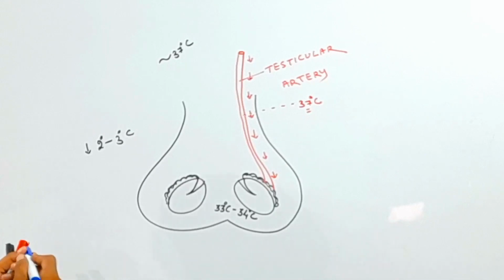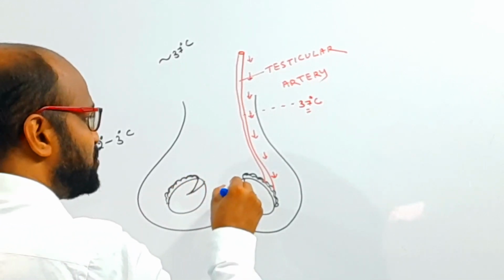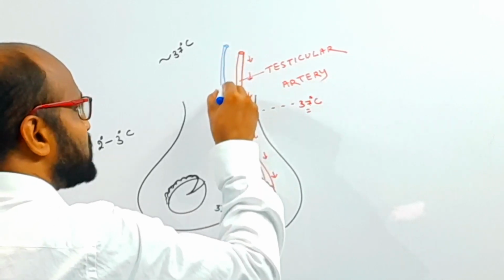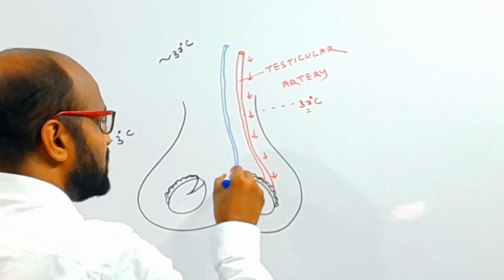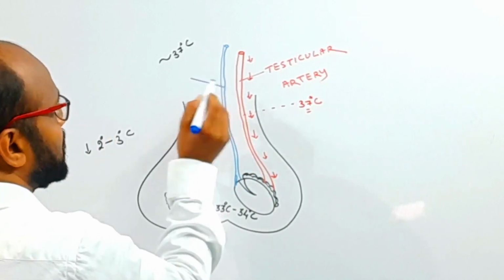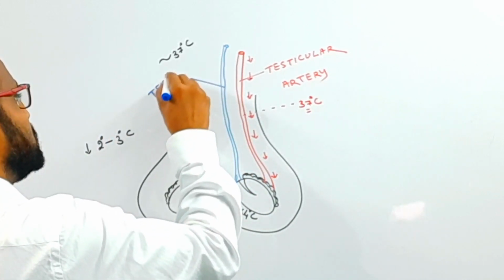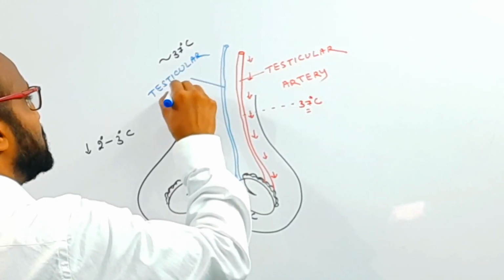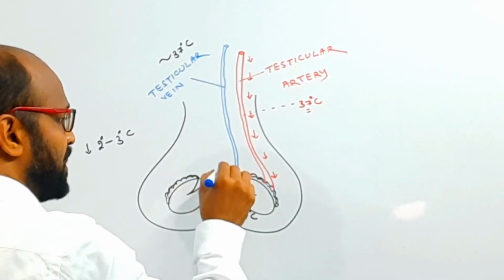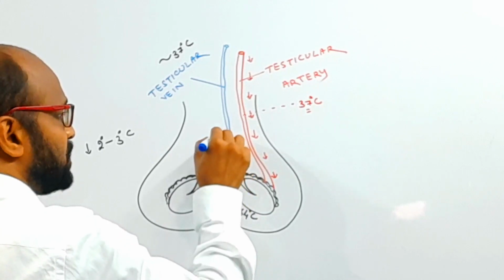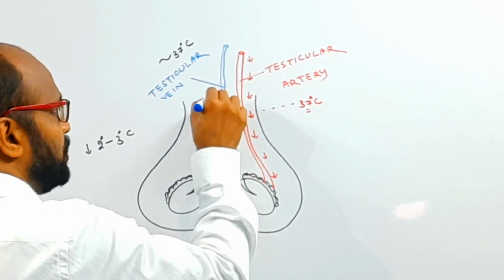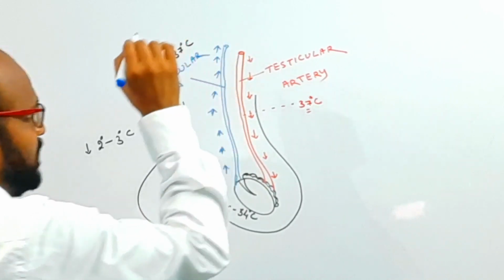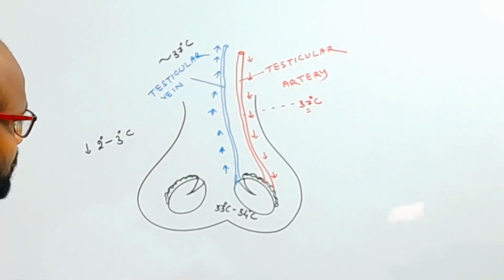And the venous blood is the blood which returns back to the body through the testicular vein. Suppose this is the testicular vein. The testicular vein carries the blood from the testis to the body and opens into the inferior vena cava inside the abdomen.